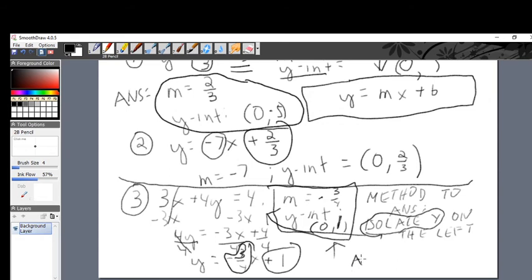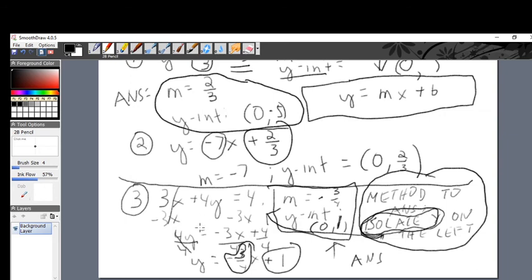So how did we do this? The method to answer this question is to isolate y on the left-hand side. That's exactly what we did. We got rid of the 3x by putting negative 3x on the right-hand side.